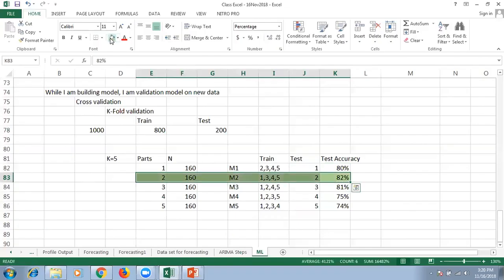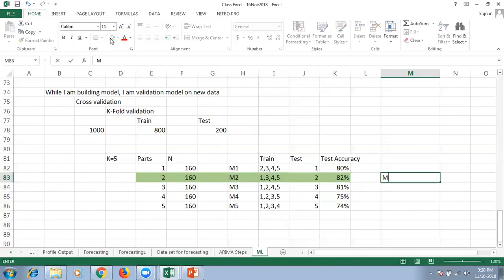Because it's validating on new data and giving a high accuracy, right? So this model, M2, will be chosen as the best model, and M2 will run on all the data. All the data means all the 800 observations.